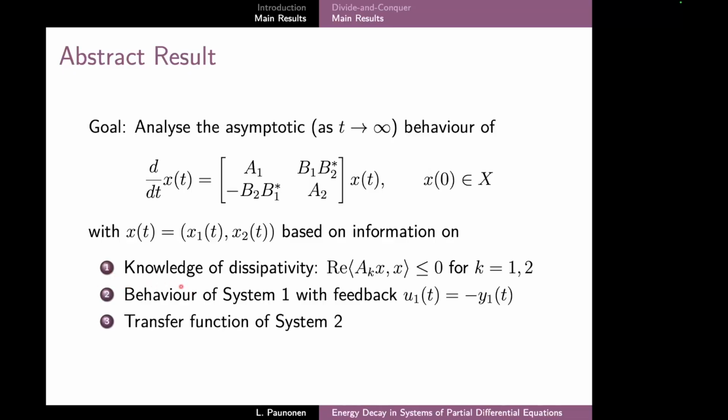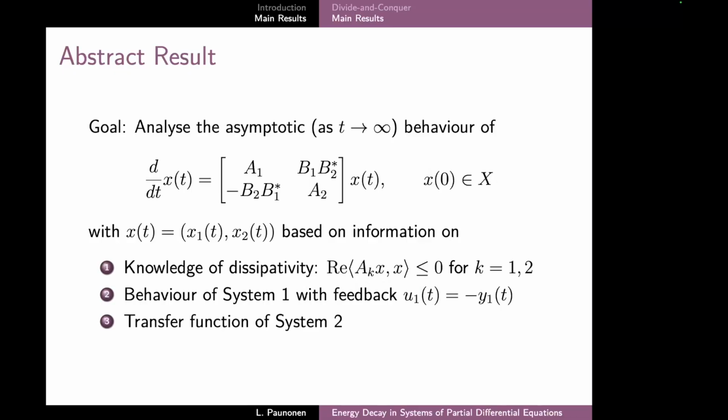And impedance passivity in the setting that I'm presenting here is in fact guaranteed by a relatively simple condition that the operators A1 and A2 should be dissipative. This condition requires that if we take the inner product of A1x with x, then the real part of this inner product should always be non-positive.